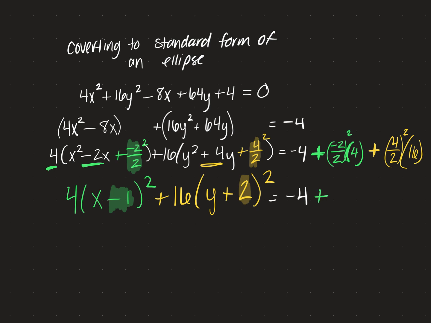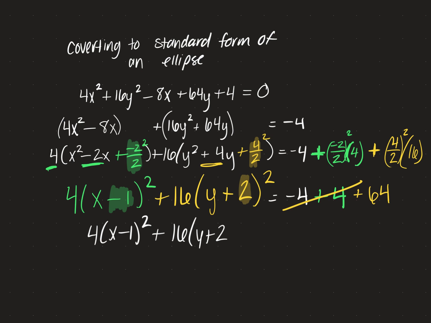Okay, so negative 2 over 2 is negative 1, squared makes it positive 1, times 4 is 4. 4 over 2 is 2. 2 squared is 4. 4 times 16 is 64. So then it equals 64. Are we done? No. What do we have to do?